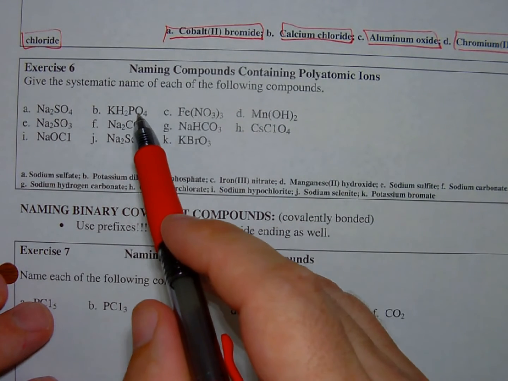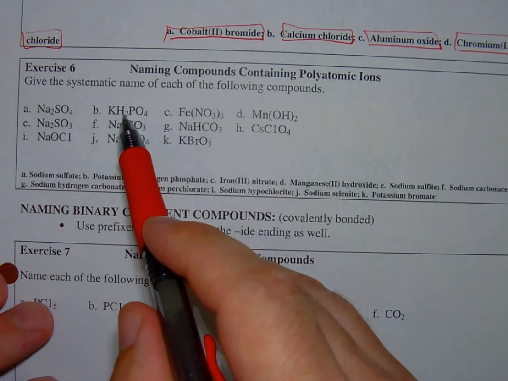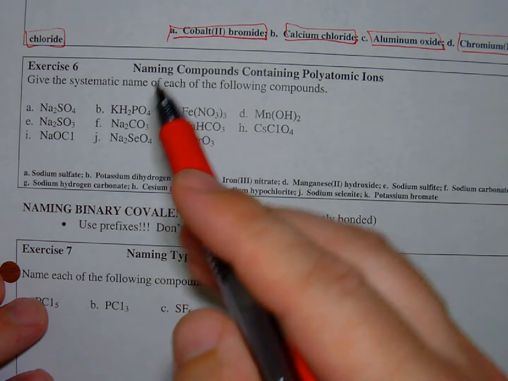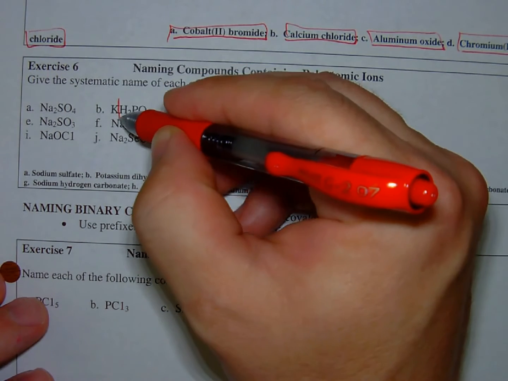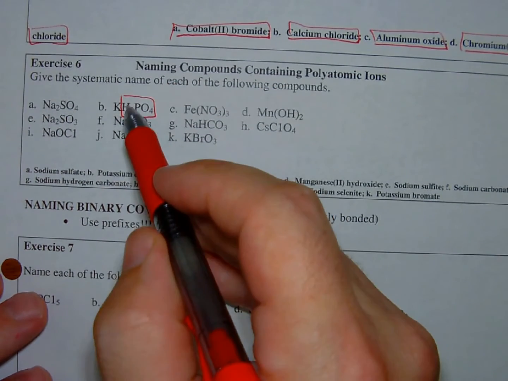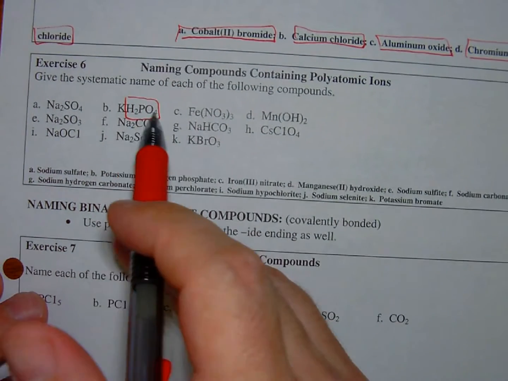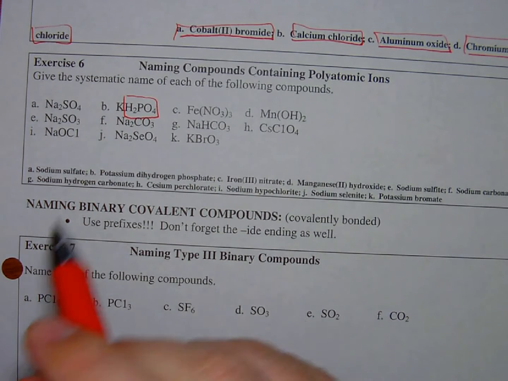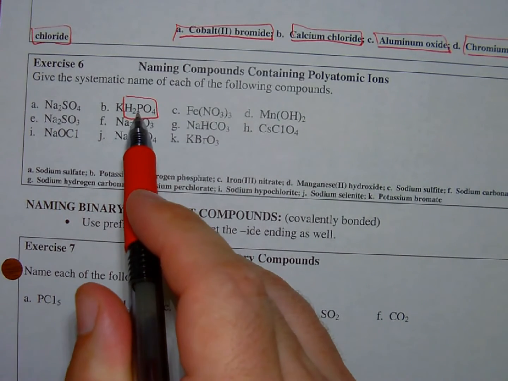This is the phosphate ion, but then there's this weird hydrogen here. And so this is a little bit tricky. This is actually the entire polyatomic ion. It's not just phosphate, there's this hydrogen as well. Because remember, polyatomic ions are typically all non-metal elements. Oxygen's a non-metal, phosphorus is a non-metal.